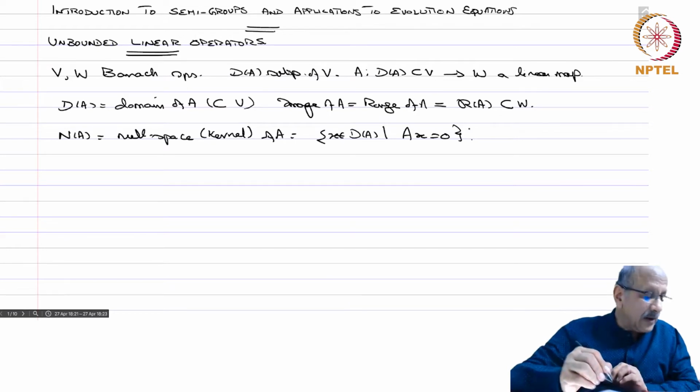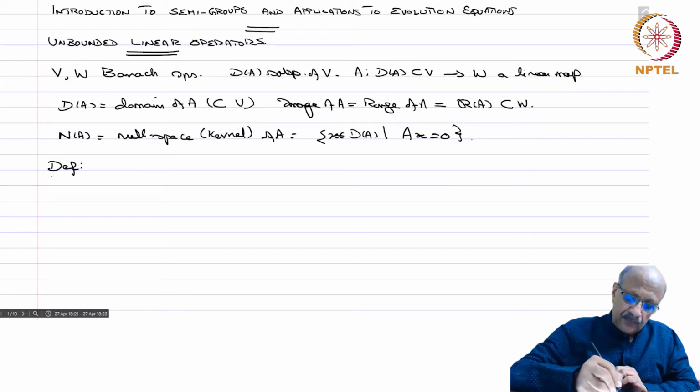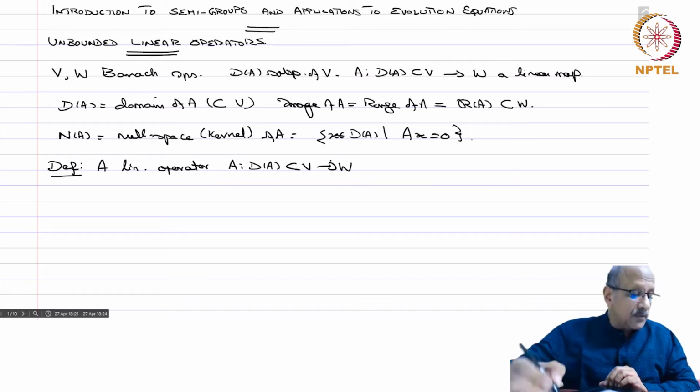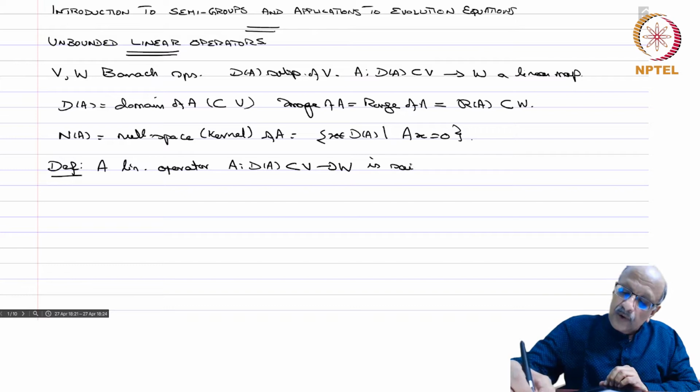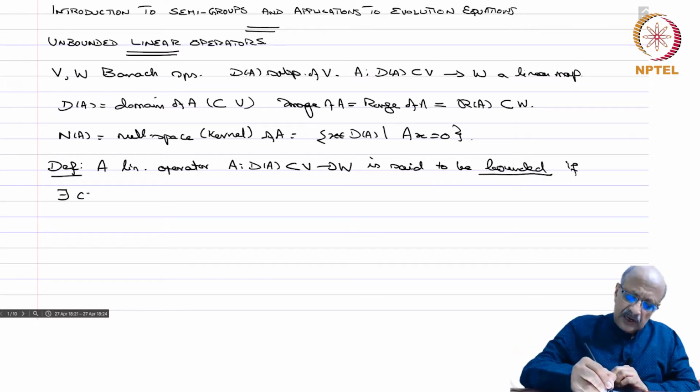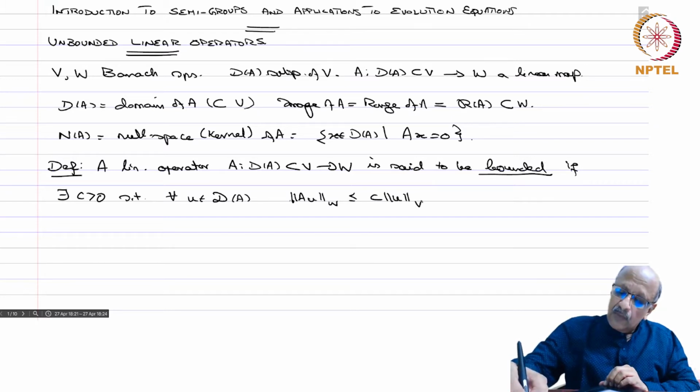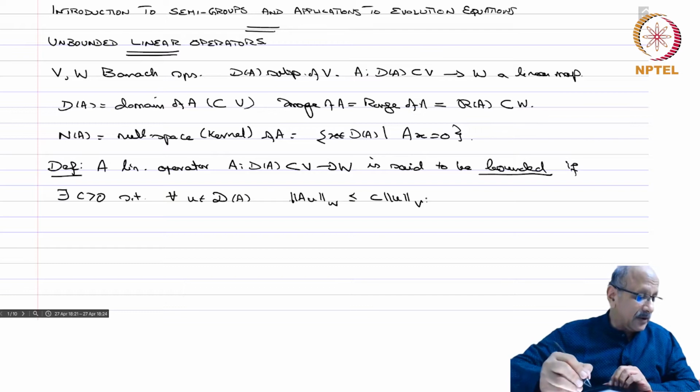Okay. And so, now we have the following definition. Okay, a linear operator A from D of A contained in V taking values in W is said to be bounded if there exists a C greater than 0 such that for every U in D of A you have norm AU in W is less than C times norm U. So, this is the usual boundedness which we have seen in case of linear operators.